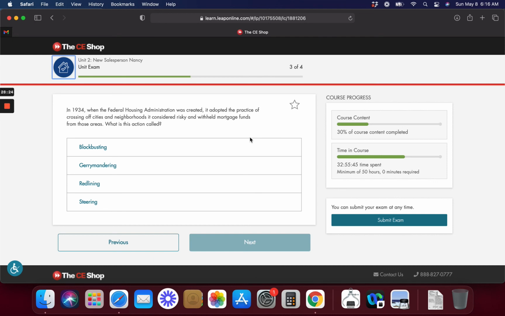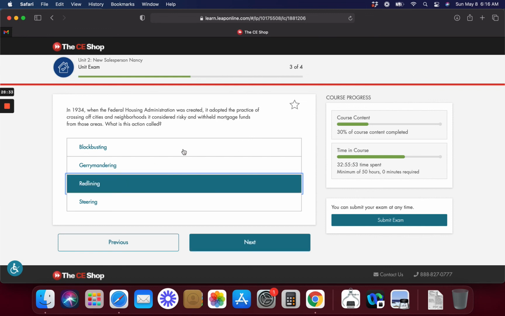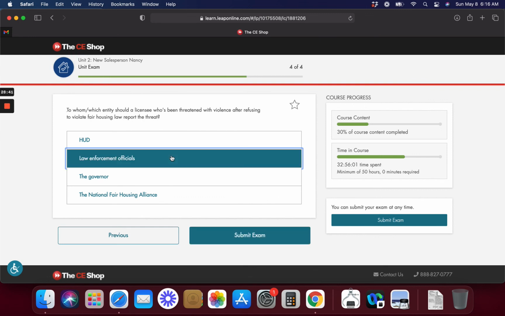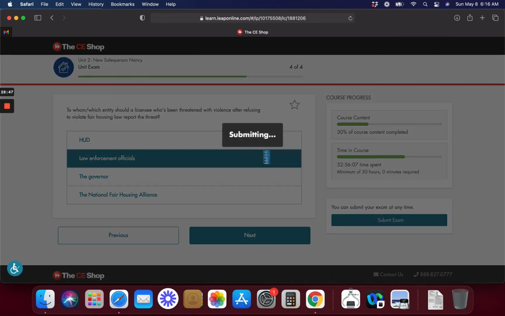All right, in 1938, it adopted the practice of crossing off cities it considered risky and withheld mortgage. I believe that was redlining, correct? To whom does a licensee who has been threatened with violence report this violence? You always go to your law enforcement officers with that.